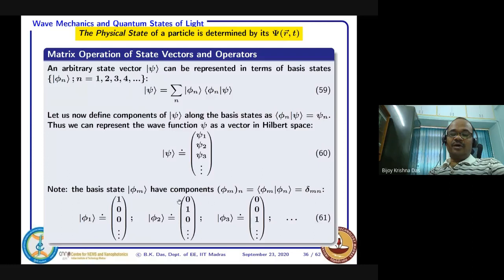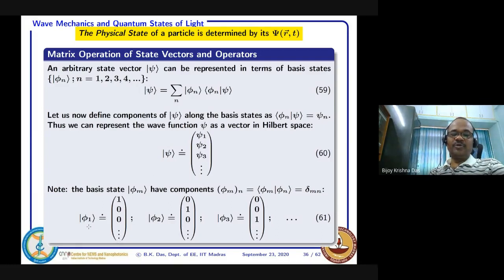Similar to psi, let's understand how we can represent all the basis vectors: phi 1, phi 2, phi 3, phi 4, and so on up to n. Obviously, if there are n dimensions, then in the vector you are supposed to get n different elements.